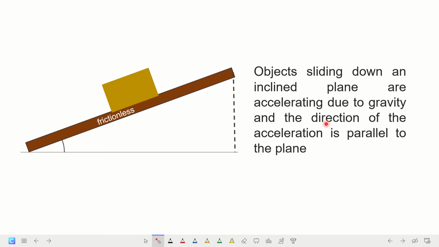As the statement says, the direction of the acceleration is parallel to the plane, because the force that causes the body to accelerate is the force parallel to the plane, the parallel component of the force due to gravity. So this will be the direction of the motion. If the ramp were flipped, slanting to the other side, the direction of the motion would of course be toward that side. That is if there are no other opposing forces acting on this body, and this is a frictionless surface. Therefore, this body's tendency is to slide down the plane.